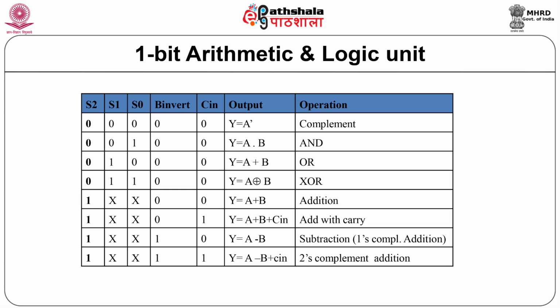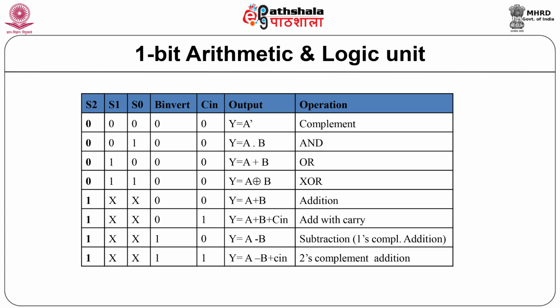When B invert is equal to 0, the multiplexer will send B directly to the adder, which enables the addition. If B invert is equal to 1, then the inverted input will be taken and transferred to the adder, which performs subtraction. Carry in with B invert input generates numbers for 1's complement and 2's complement form to carry out subtraction.